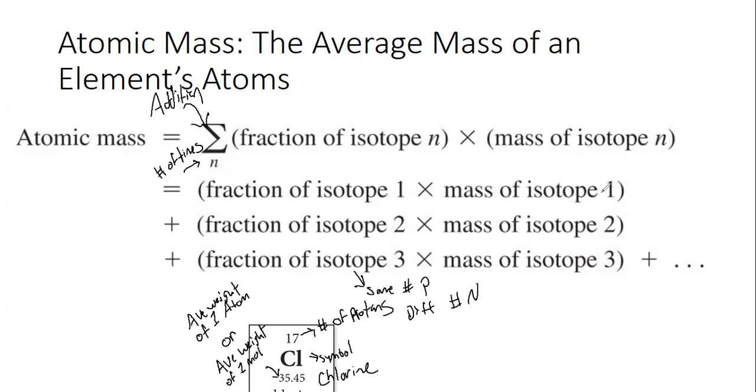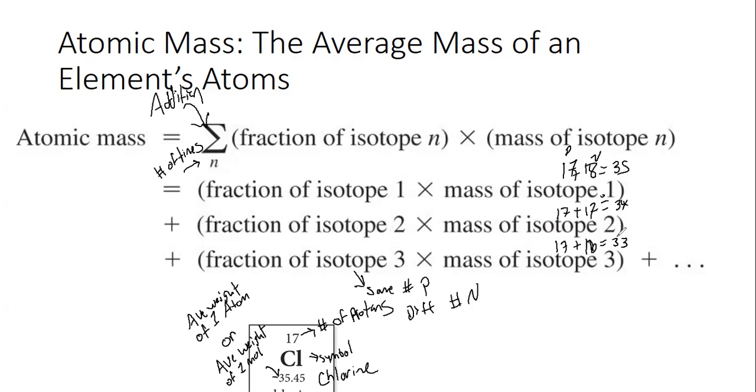Isotope number 1 has 17 protons and 18 neutrons for a weight of 35. Isotope number 2 has 17 protons and 17 neutrons for a weight of 34. And isotope number 3 has 17 protons plus 16 neutrons for a weight of 33. Again, I'm just making this up. So that's what the mass is.